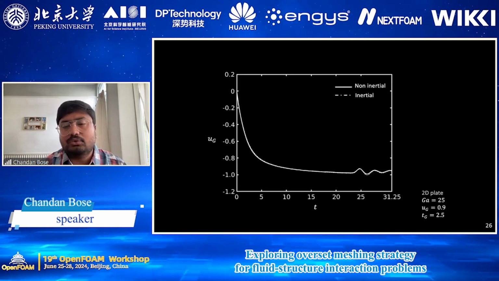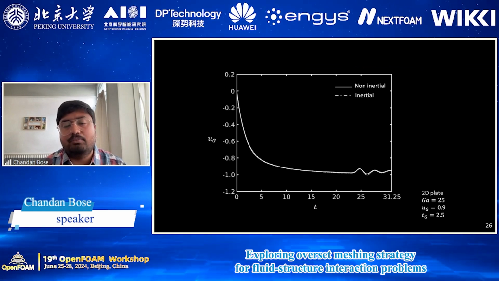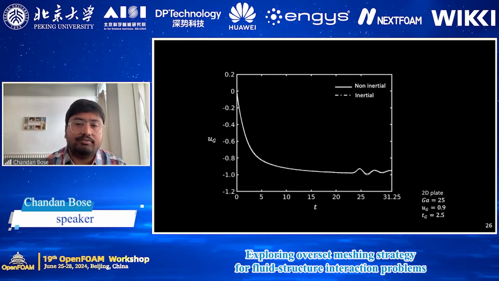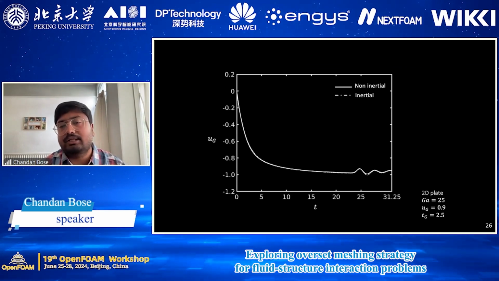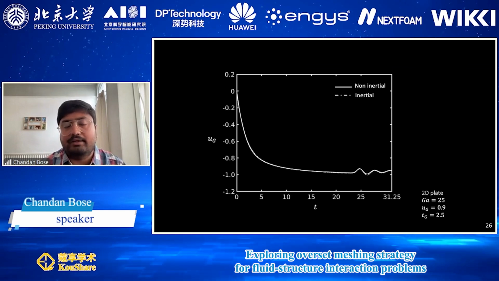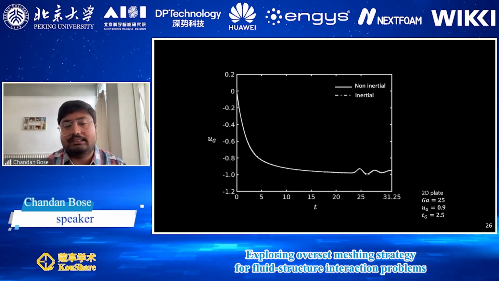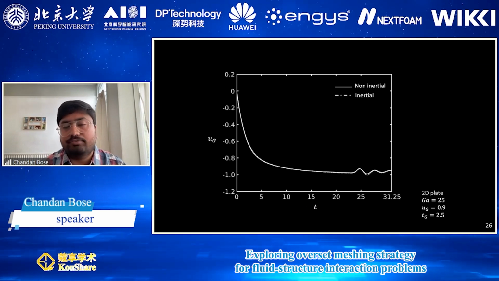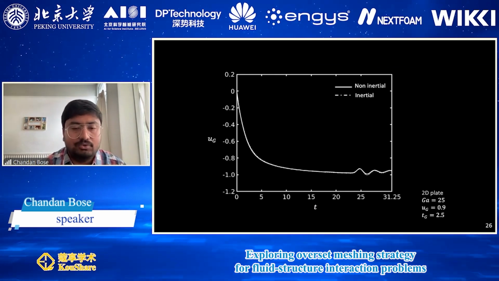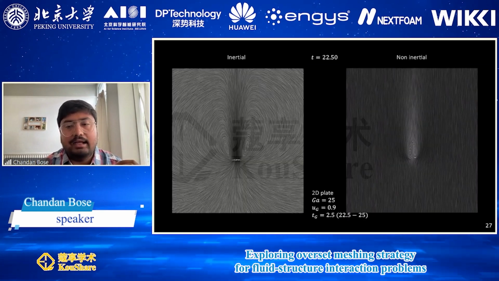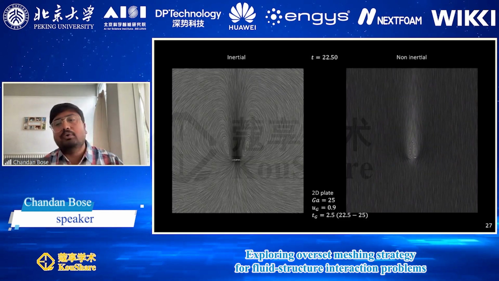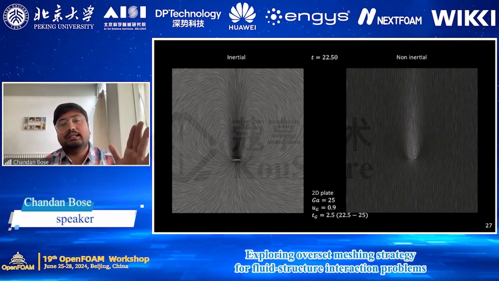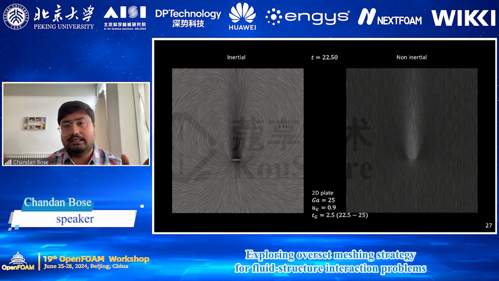Just to give you some confidence, we did the same simulation of a free-falling body in a non-inertial frame and in the inertial frame, translated it back, and compared the terminal velocity with time. We see a very close match, which gives us confidence that there is no mistake in our formulation. This also shows how it looks in these two different frameworks: the inertial is on the left and the non-inertial is on the right.